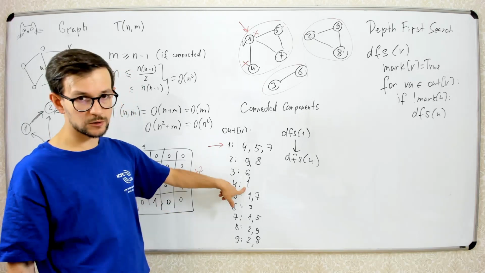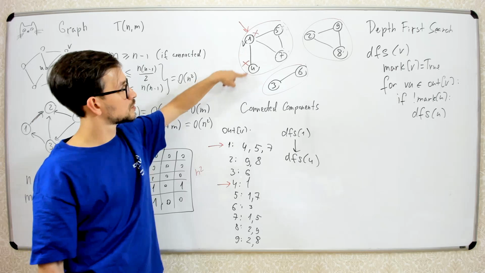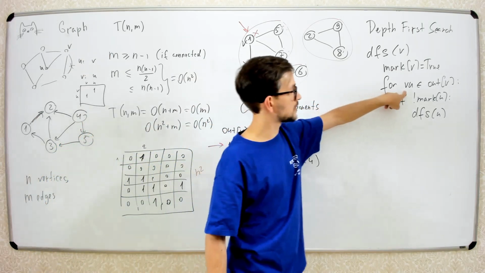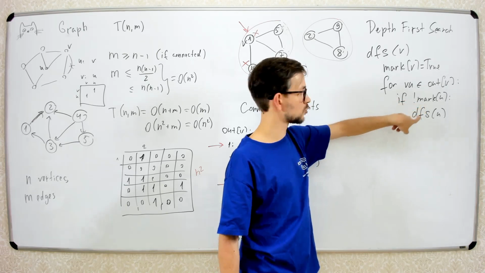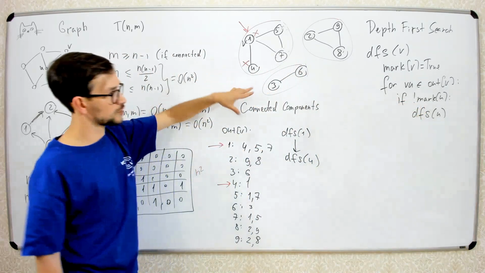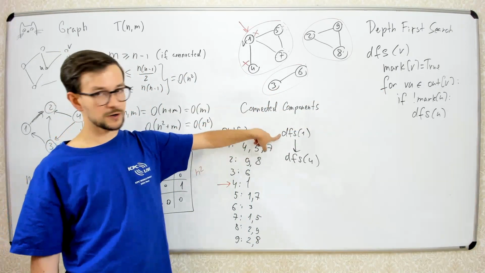It has only one neighbor, node 1. But node 1 is already marked, so we don't go there. So this call for node 4 ends, and we go back from the recursion to node 1.